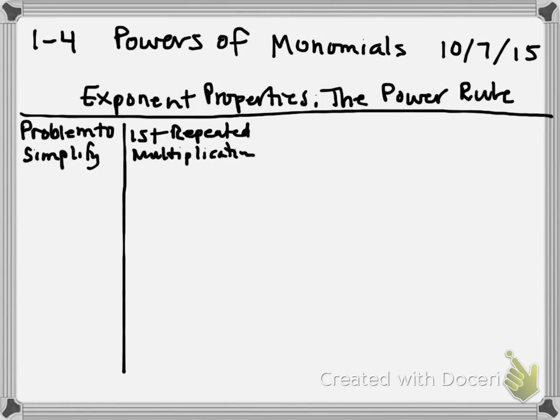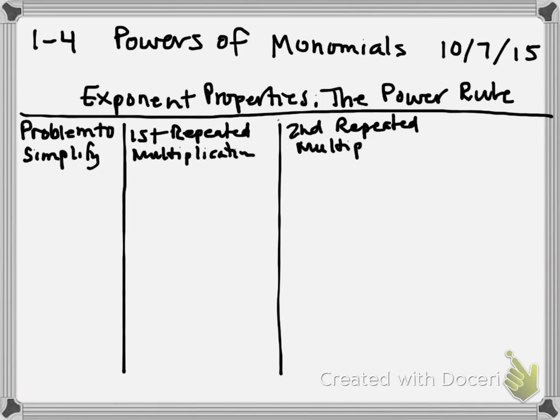Then you've got the second repeated multiplication. Actually, this one has to be a little longer. And then you get the power in the A to C form.